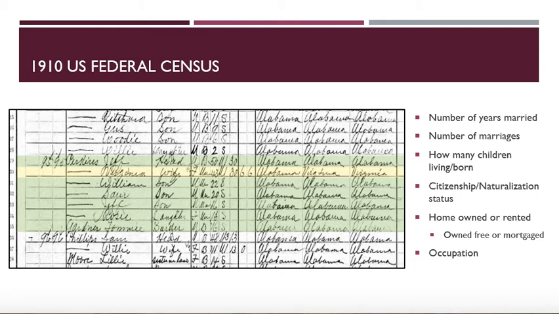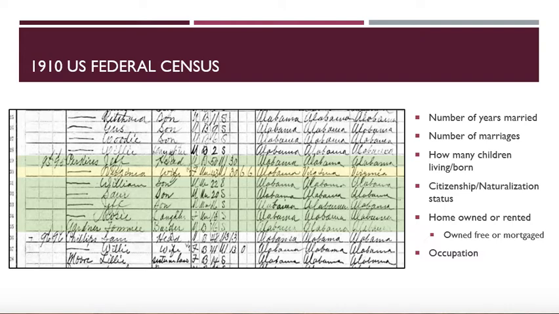The 1910 census shows home ownership and occupation information, much like the previous records we have viewed. However, it also reveals the number of years married, number of marriages, and how many children born or living to women. For example, let's look at Jeff and Virginia Perkins. They are a married couple living with their 4 children.